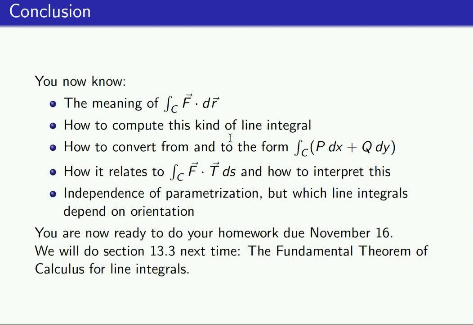You should know the relationship between this and the integral of f dot t ds, an integral on ds, and how to use this to understand better the meaning of this integral. You should know about independence of parameterization. All of these are independent of parameterization, except that some of them depend on orientation.